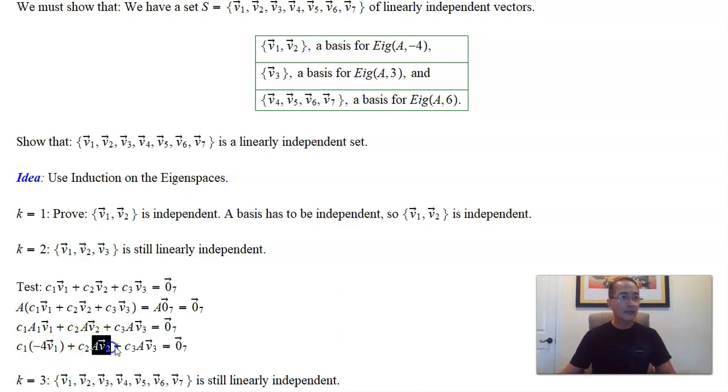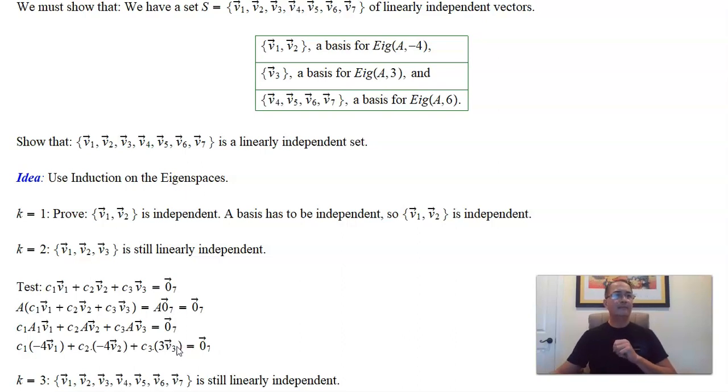And similarly, A b2 we're going to replace with -4 V2. Now what about V3? Its eigenspace is for lambda equals 3. So that should be 3 V3.